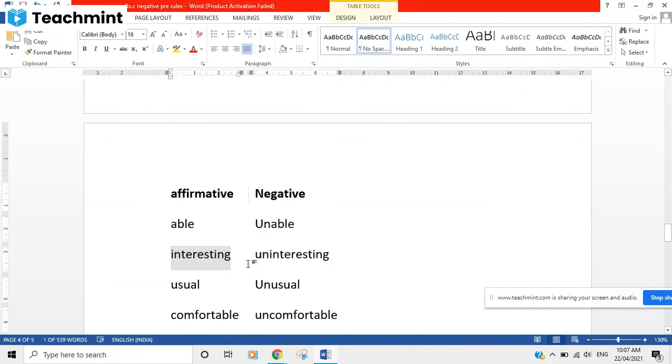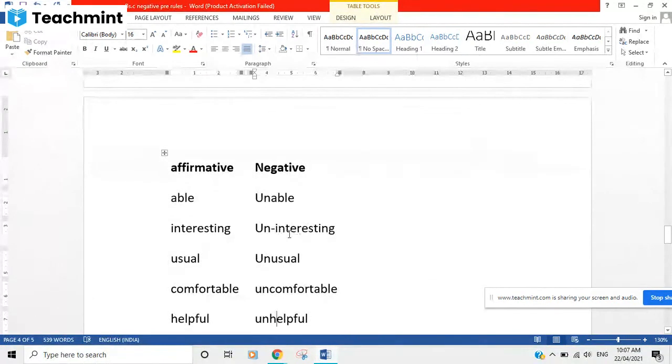Which negative prefix will you use before this word certain? We always use the negative prefix un before the word certain in order to make it negative. Certain, uncertain.